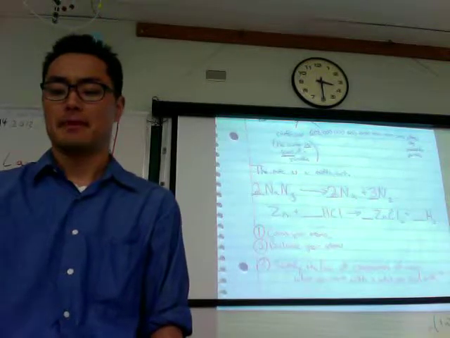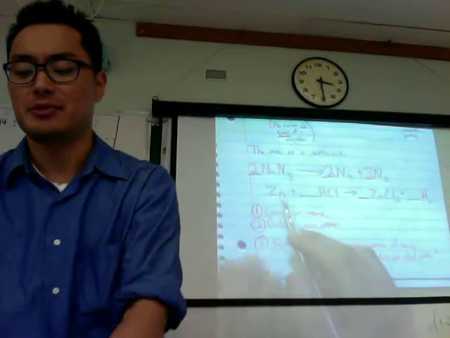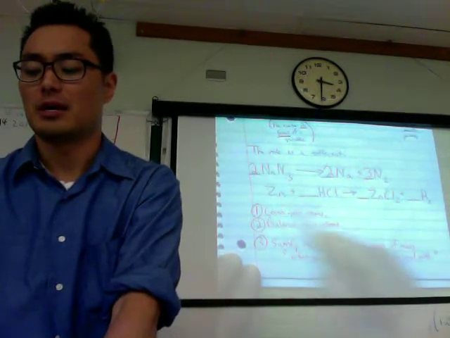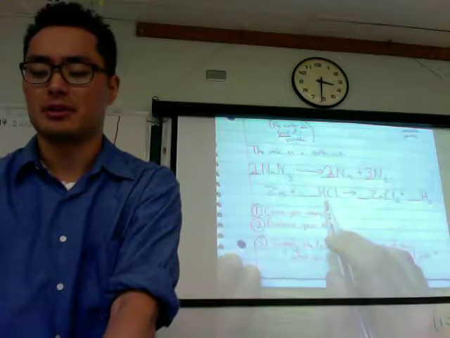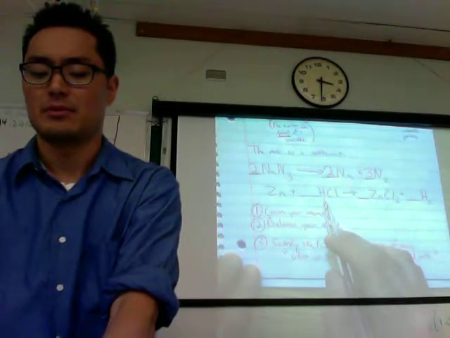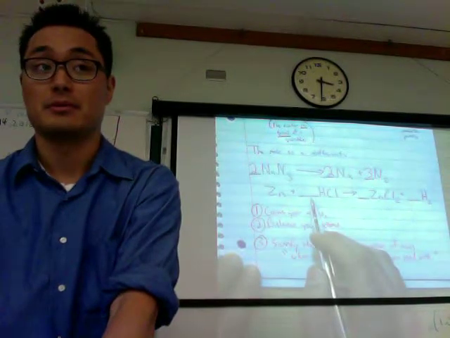Good. Let's do the next one. Zinc. How many zincs are on the left? 1. How many on the right? How many H's are on the left? How many on the right? 2. So what should go in front? A 2.